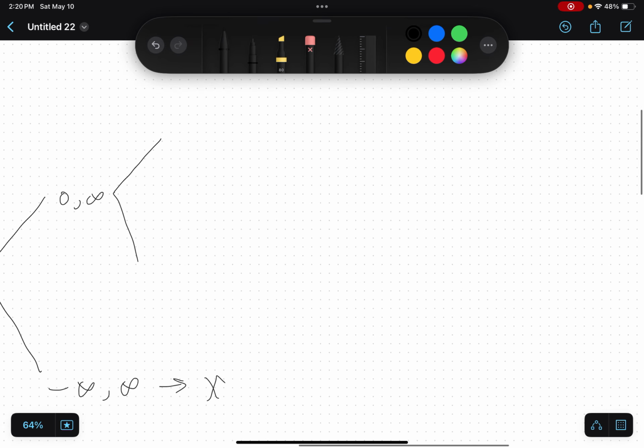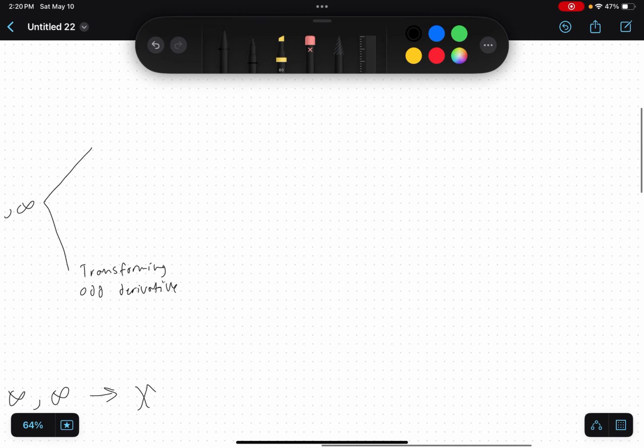If we're transforming an odd derivative, then we use Laplace.